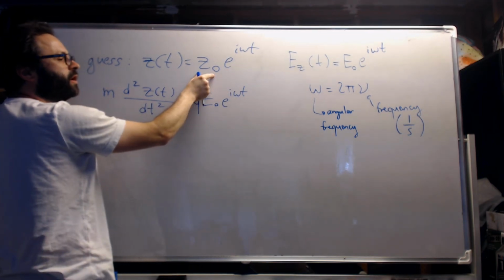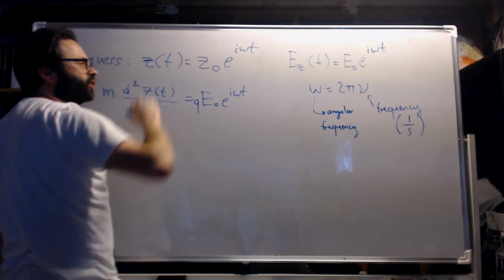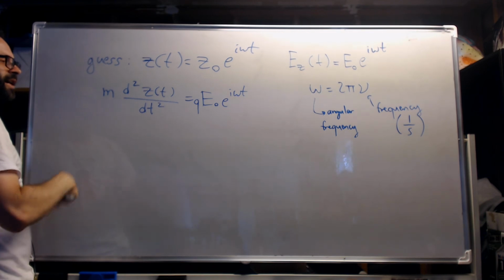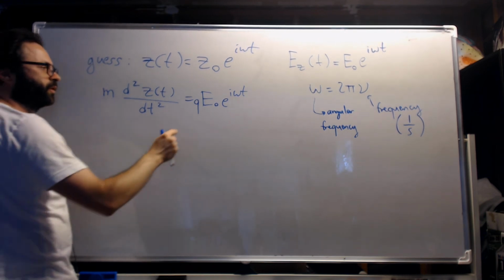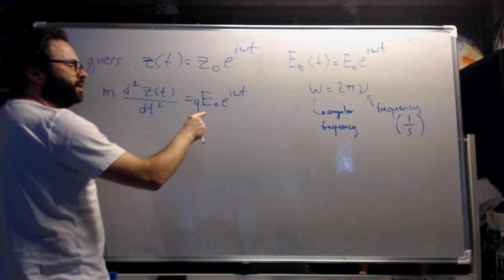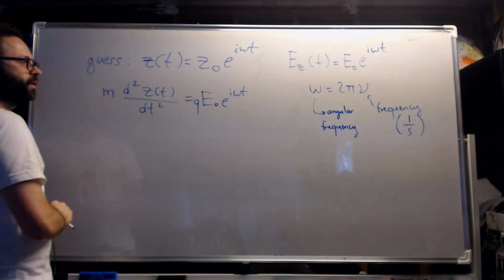This constant determines what multiplies this function, how far it actually travels along the z-axis. And so we're interested in this quantity as it relates to the variables of the problem: for example, the frequency of the electromagnetic wave, the charge on the electron, the maximum amplitude of the electromagnetic wave, and the mass.